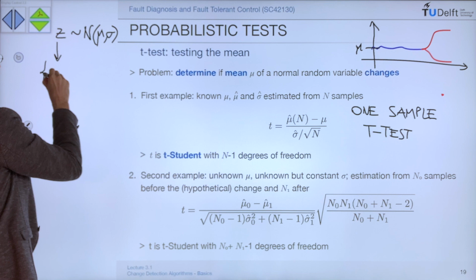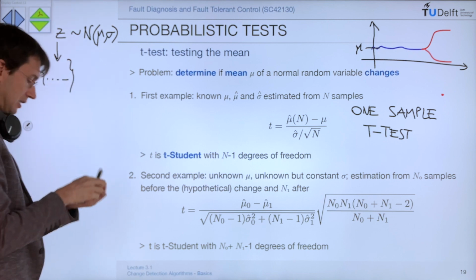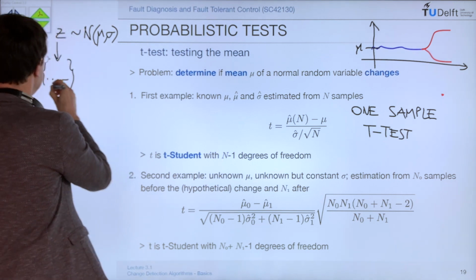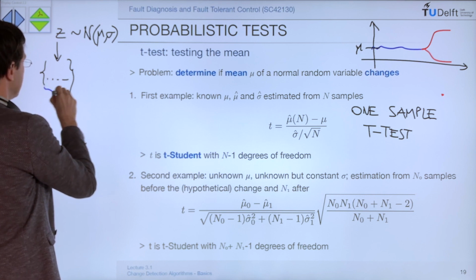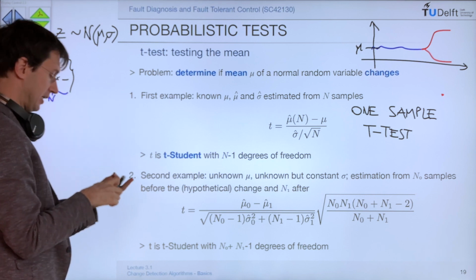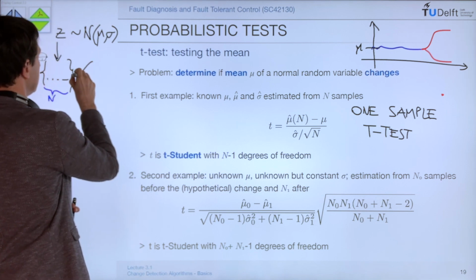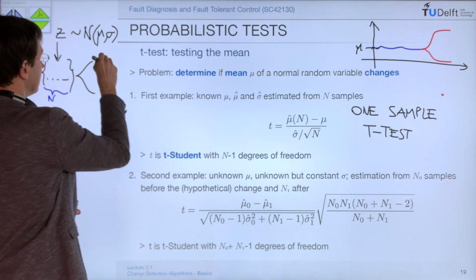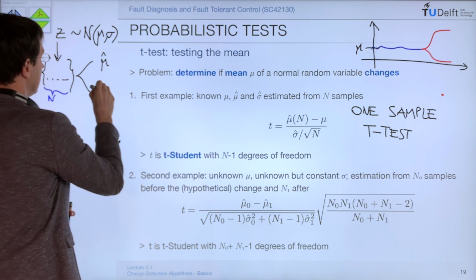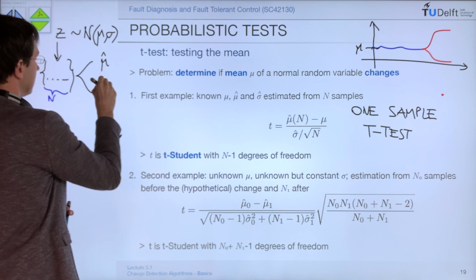You take samples of that. How many? N samples. And using them, you compute two empirical quantities, so mu hat and sigma hat.